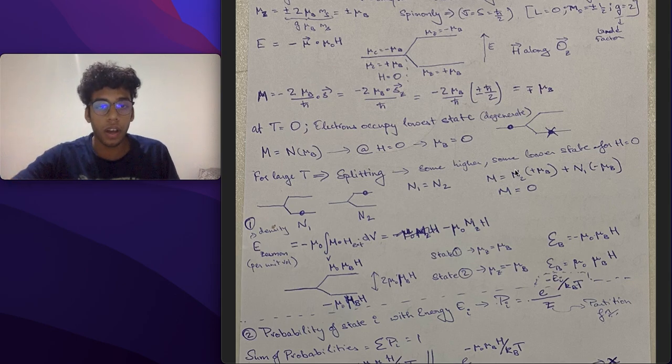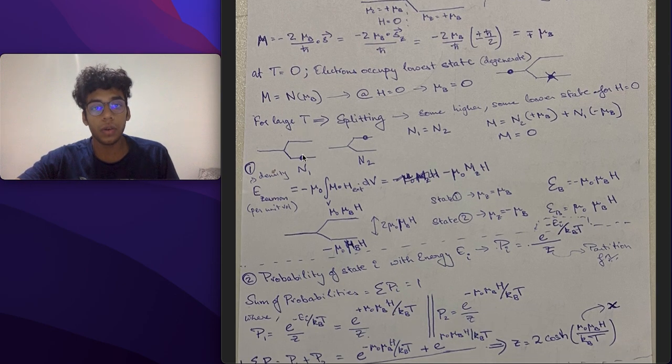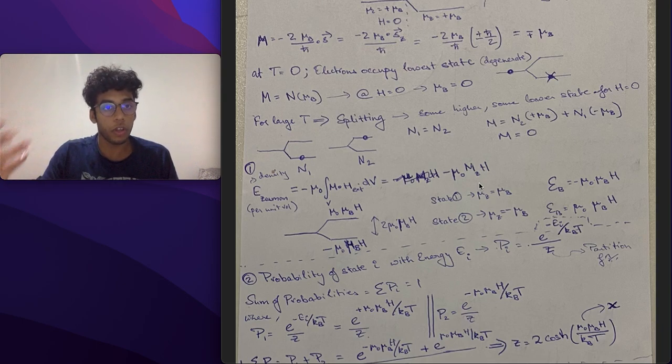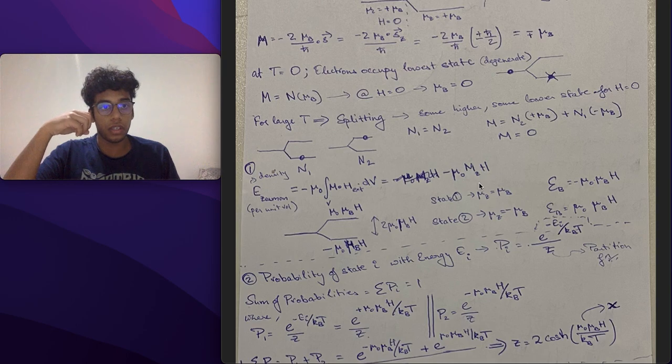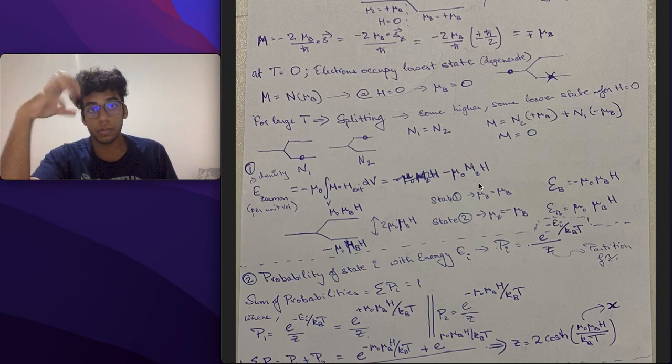So for large temperatures, you have an equal splitting into higher and lower energy states, right? The same number of electrons occupy spin up and spin down.